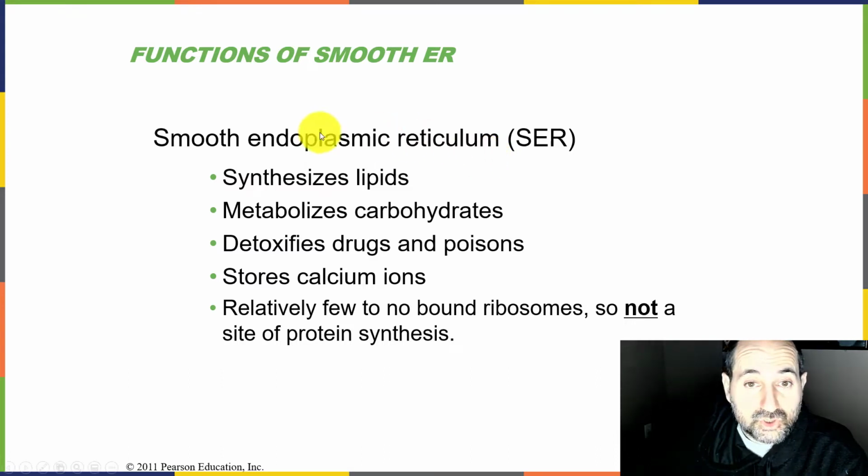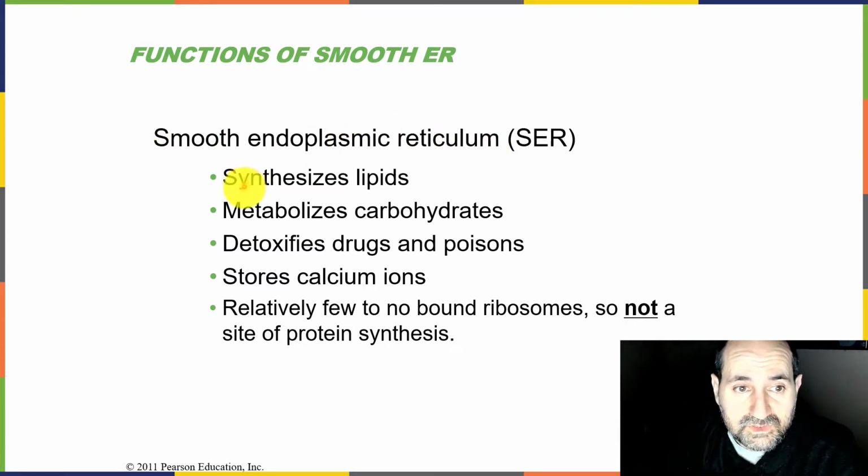What are the jobs of the smooth endoplasmic reticulum? The smooth endoplasmic reticulum is where certain lipids are synthesized, certain carbohydrates are metabolized, detoxification of drugs and poisons occurs, and it's a store of calcium ions. So I want you to know that the smooth endoplasmic reticulum is involved in these 4 processes.